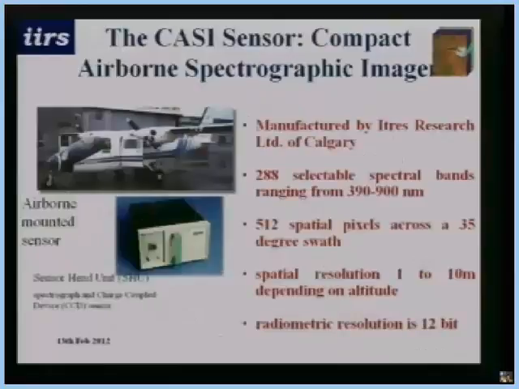Then you have the Compact Airborne Spectrographic Imager, which was built by ITRES Research Limited of Canada. This collected data in 288 spectral bands ranging from 390 to 900 nanometers.